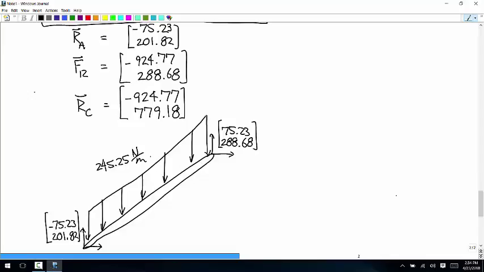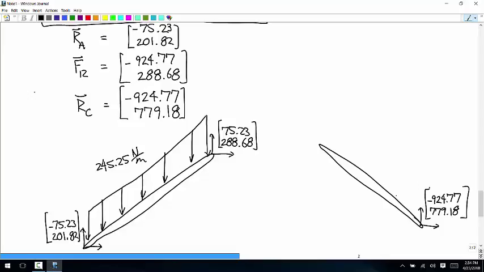And then on the other one, right hand, we have this RC, a negative 924.77, 779.18. And then up at the top, we have negative F12.